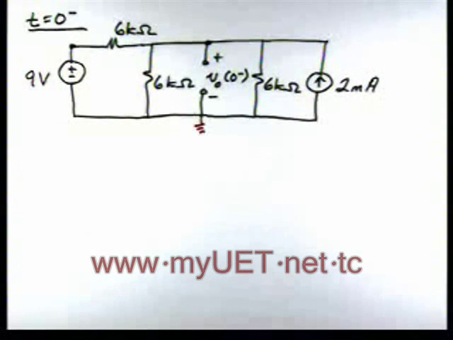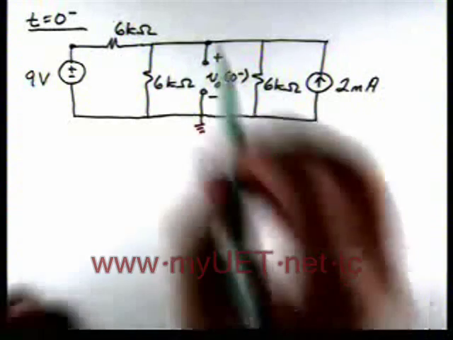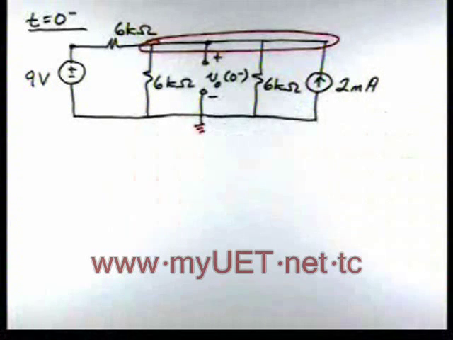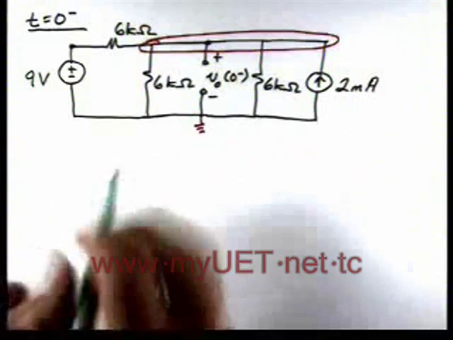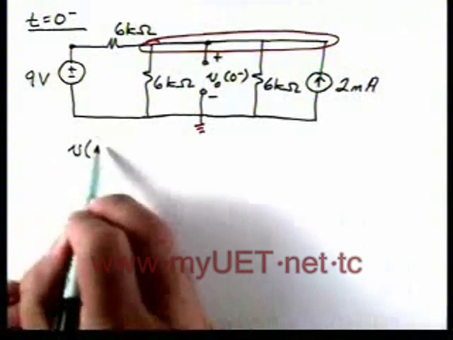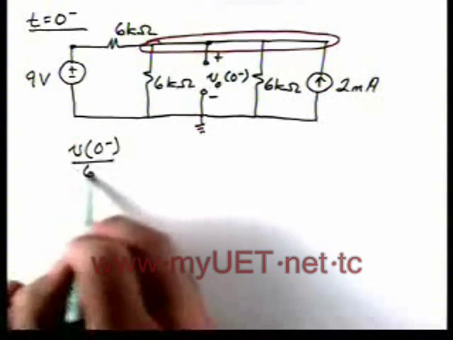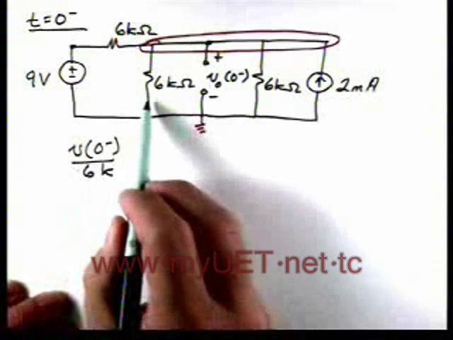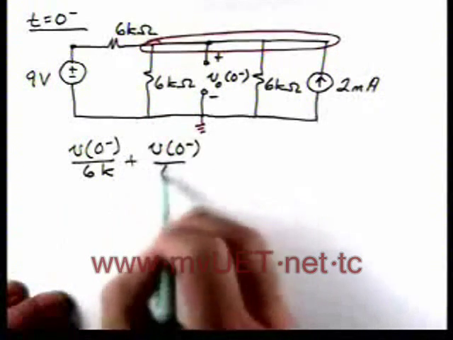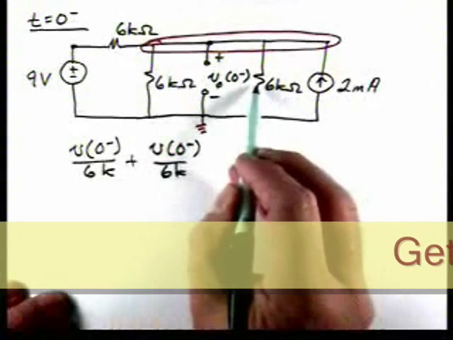So let's apply KCL to this top node to come up with a nodal equation. If we do KCL at the top node, we get V0 of 0 minus over 6K, for instance, that could be the current here. Then we'd have V0 of 0 minus over 6K as the current here.